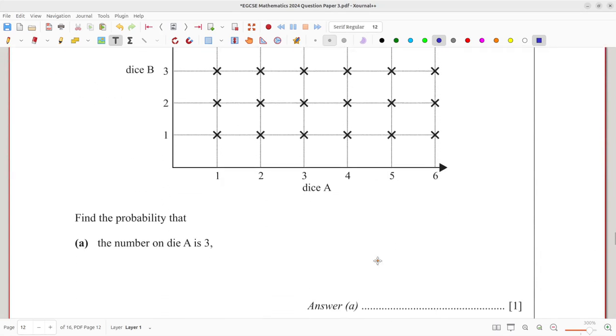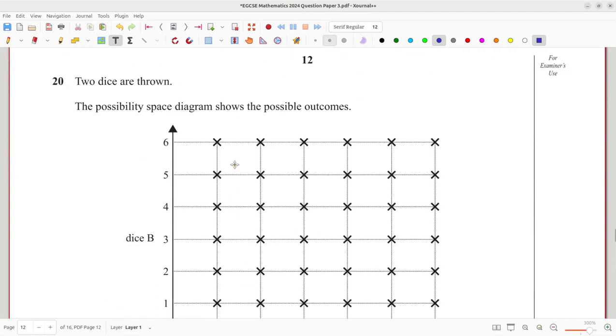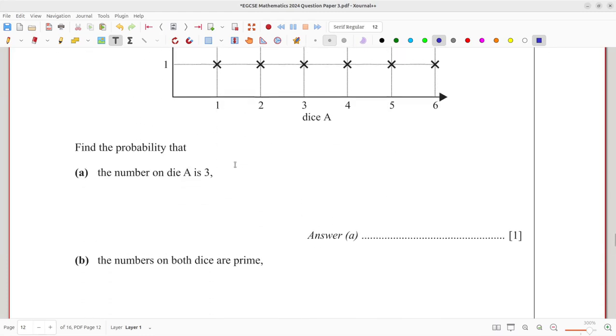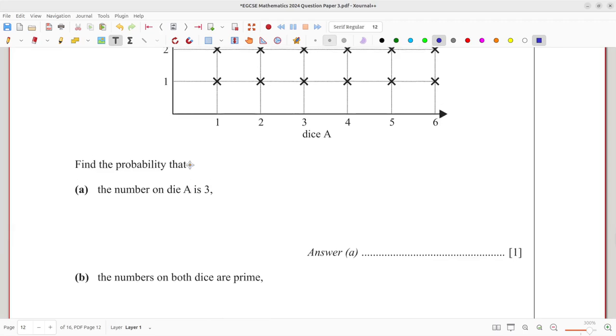Next question, possibility space. What is this thing? Possibility space outcomes for type A and type B. Find the probability that the number on type A is three.